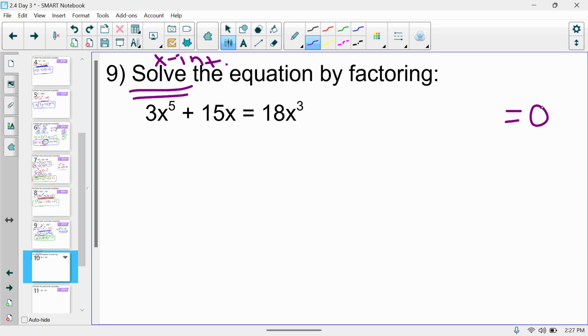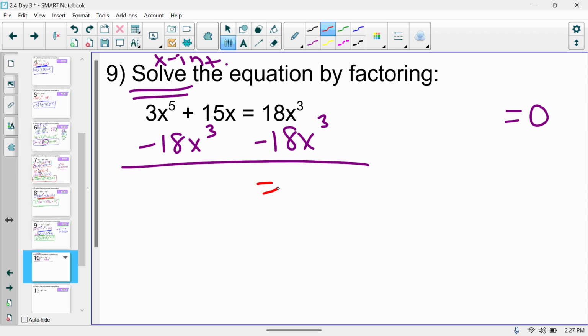So the very first thing that we're going to do is take away the one term that's on the right side, because 18 minus 18 is 0, okay? On the left side, none of those are like terms, so we can't combine x to the fifths with x to the thirds or x's.